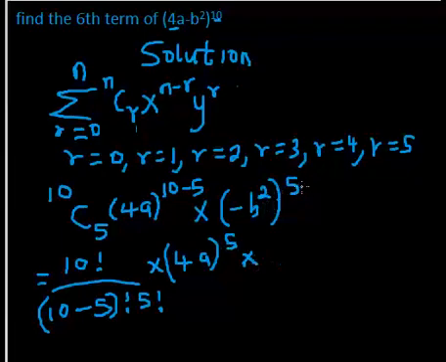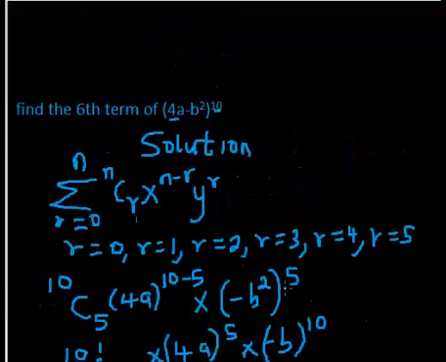Of course, in this the 5 will multiply 2, so I'm going to have minus b raised to the power of 10. I hope that is well understood.